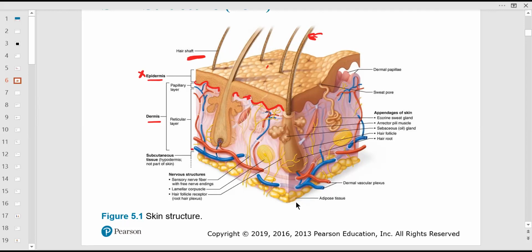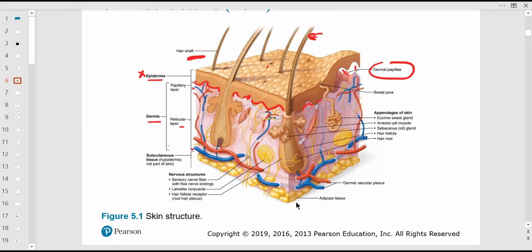Somebody on a quiz was just asking me, they put reticular layer, or reticular dermis, and I marked them wrong. So you could just say dermis, right? It's the whole layer. Papillary is the part that kind of invaginates, and like here's the dermal papilla. It kind of plugs into the epidermal layer. That's how we get fingerprints, actually, on your fingers and toes.